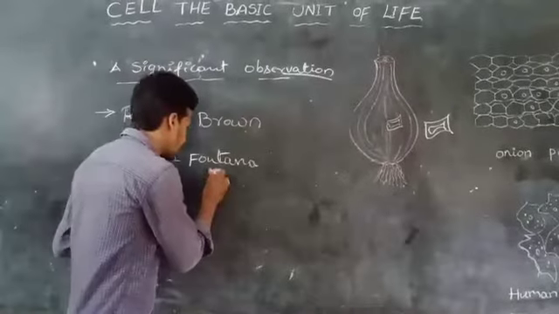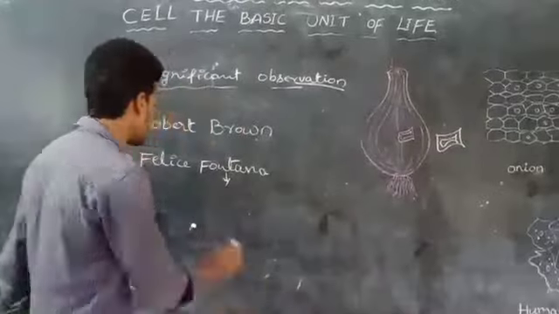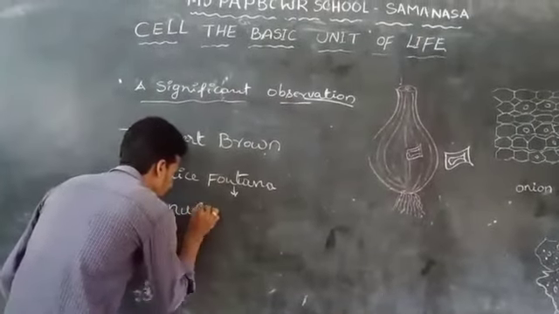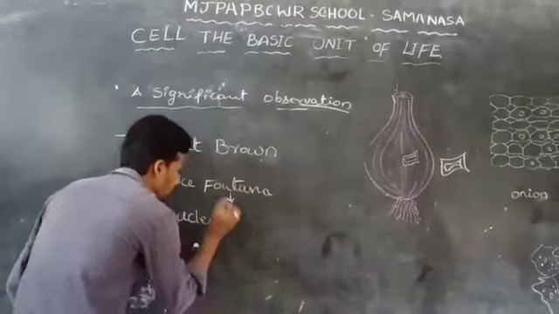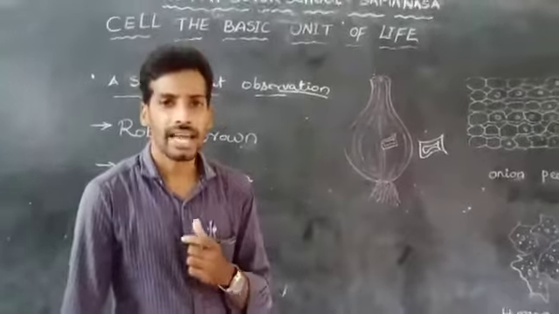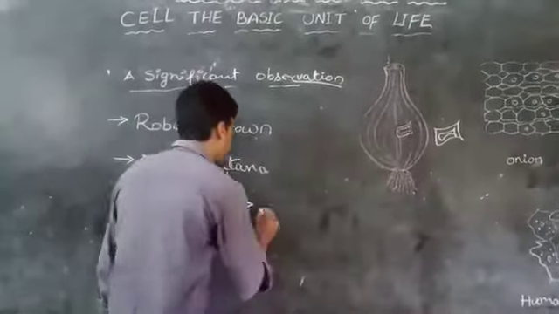Scientists first saw the nucleus in the cells. He observed it in the epithelial cell of the animal. He found the nucleus in the epithelial cell.